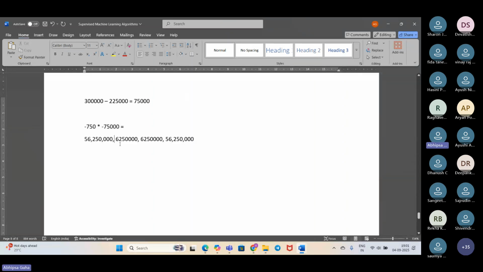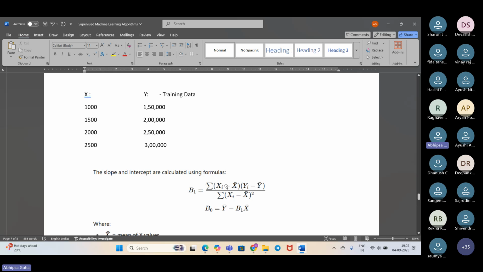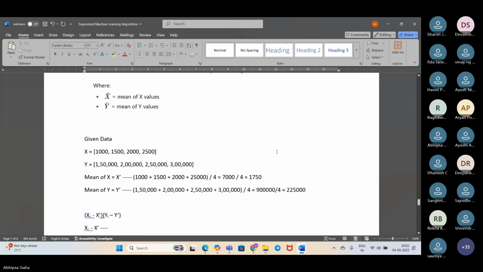We will be adding this up, and in result, we will be getting 5, 6, 5, 1, 2, 5 followed by zeros. Clear? Understood what we are doing? This part we have completed, the summation part only. Clear? Understood?